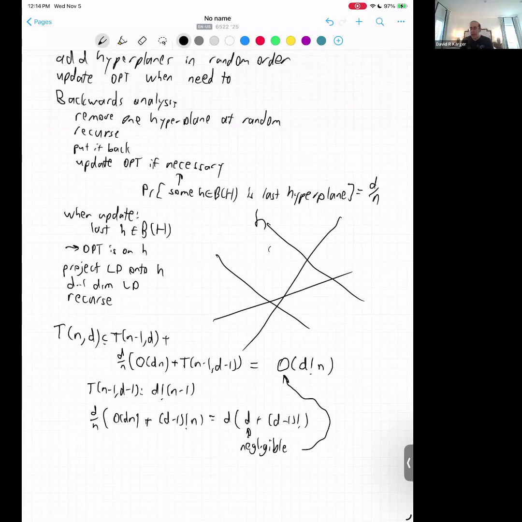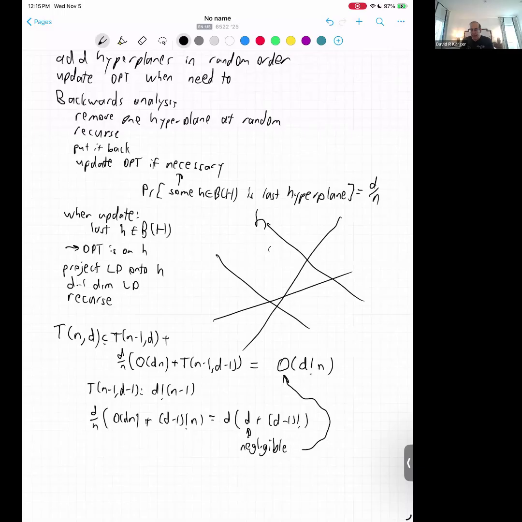So this is gorgeous, right? A 4-line algorithm and a 2-line analysis. I don't think it is possible to invent a simpler linear programming algorithm than this. Now you'll notice that its runtime is a little bit worse than what we were able to achieve with the iterated sampling in terms of d.